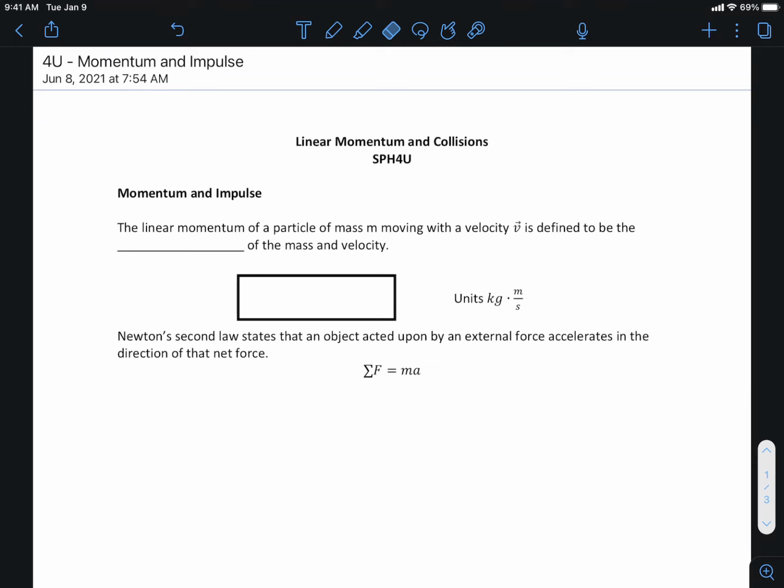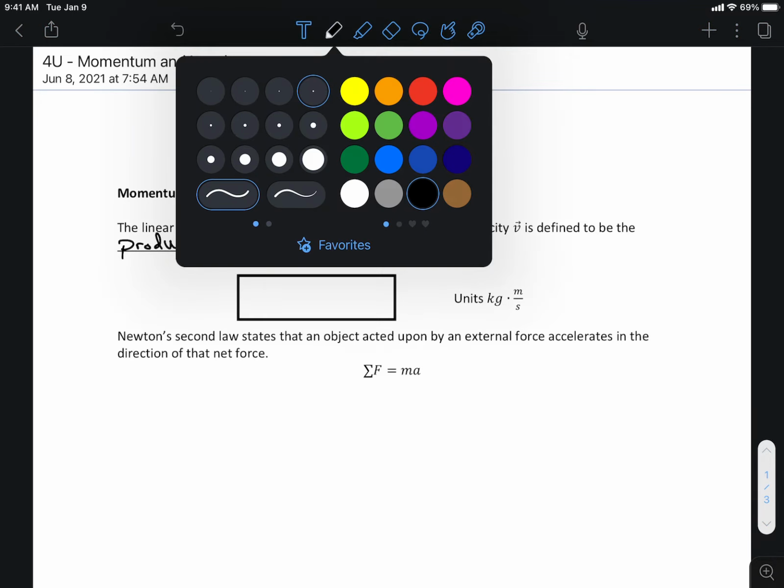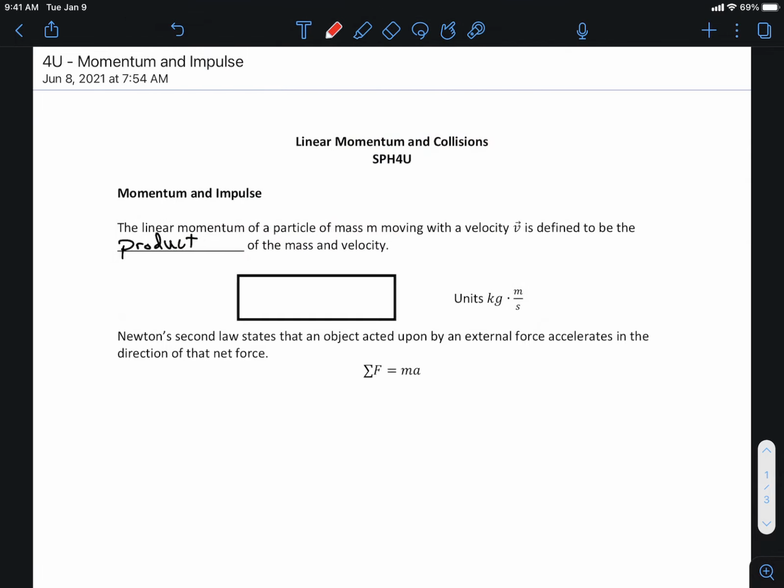Remember, we're going to have a magnitude and a direction with this. We typically denote momentum with the lowercase letter p, which is equal to the mass of the object multiplied by the velocity that it has.